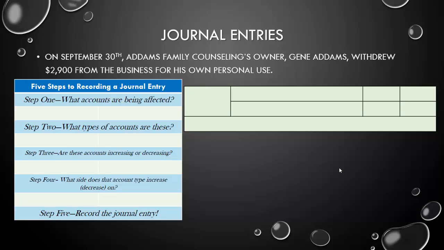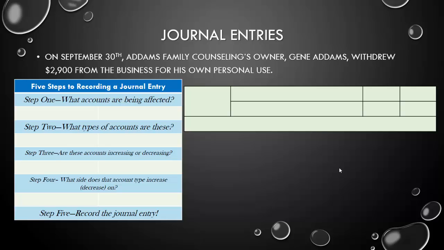Well, what good is a jet ski to a family counseling business? There's no reason for it. And it would be disingenuous and also super illegal for them to put it on the books as a business asset when that asset has no business purpose. So we can't just put this jet ski on our books because it's not a business asset.